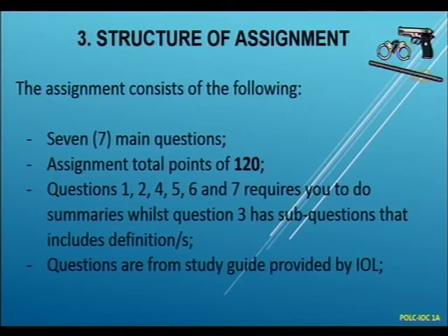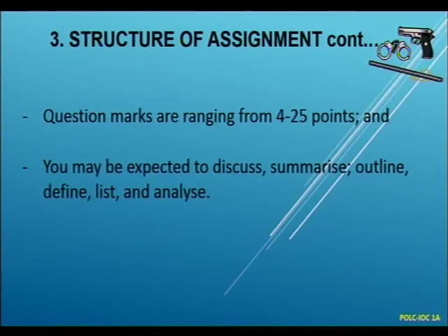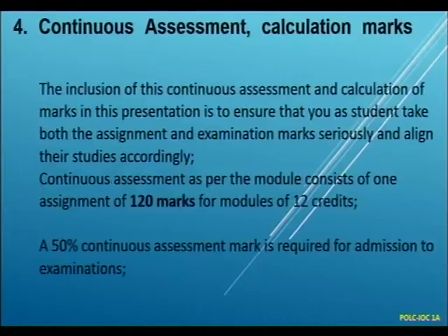Questions are from the study guide provided by IOL. Your question mark allocation will vary between 4 and 25 points. You may be expected to analyze, summarize, discuss, outline, define, or list some of your answers, so look out for that.